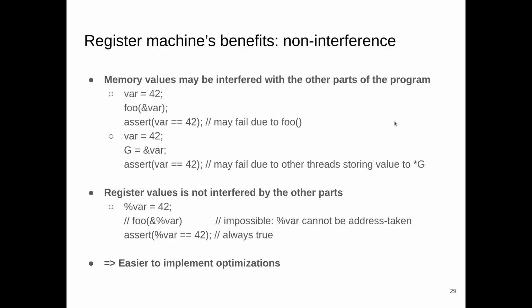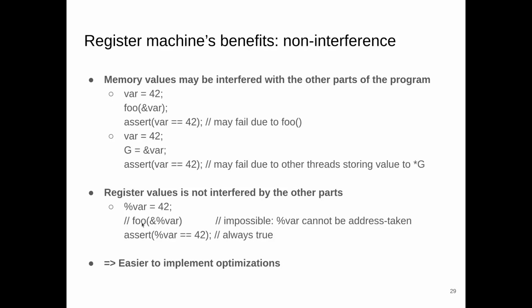On the other hand, register values are by definition not interfered with by other parts of the program. The main reason is that we cannot take the address of these register variables. It is impossible to get the pointer of a register value and give it to other entities, because it is forbidden by the language. That's the reason why you cannot do this.